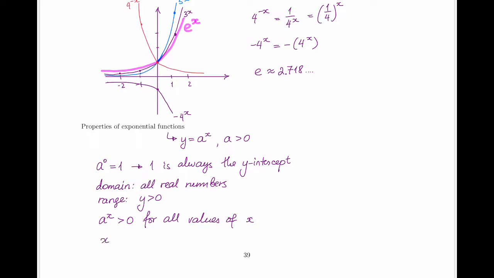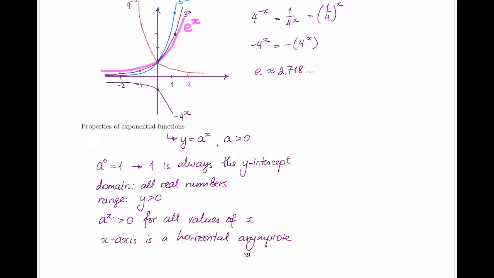So the x-axis is a horizontal asymptote for the exponential function. And notice that it doesn't matter whether the exponential function was the one that was increasing or the one that was decreasing. For the increasing ones, the x-axis was the horizontal asymptote on the negative side, and for the decreasing functions, it was the horizontal asymptote on the positive side.